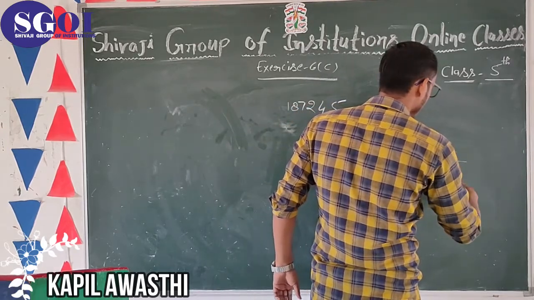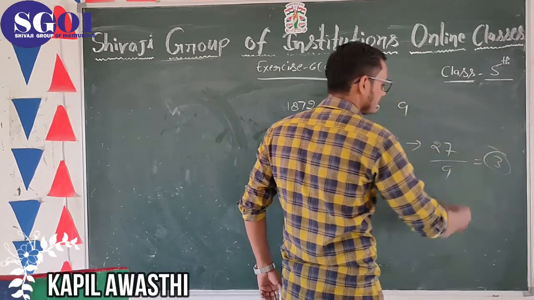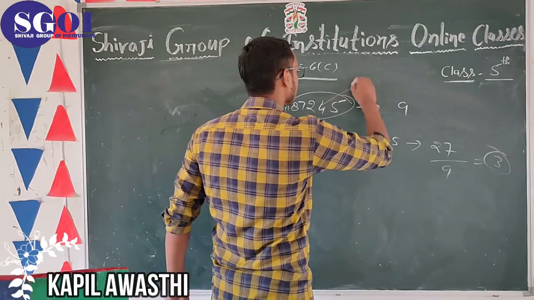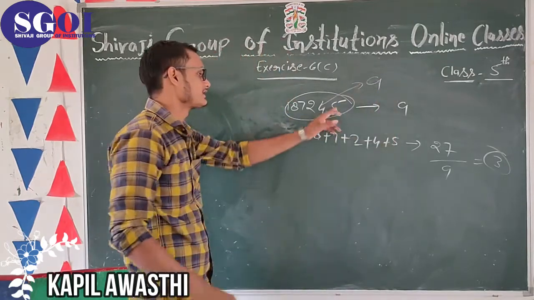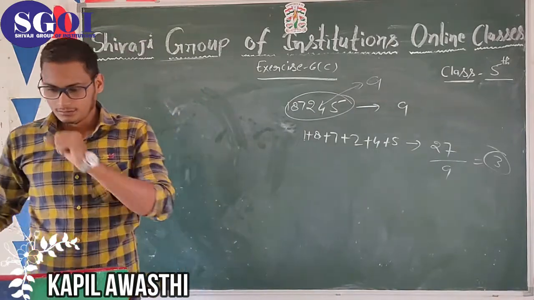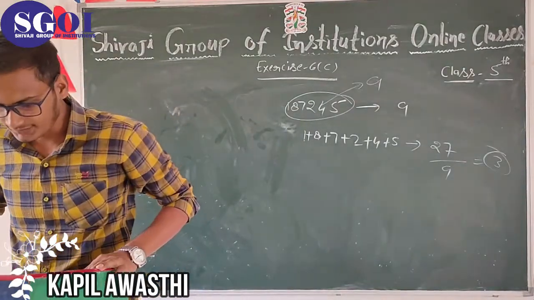Is 27 divisible by 9? Yes. So this number is divisible by 9. Understood? Next.